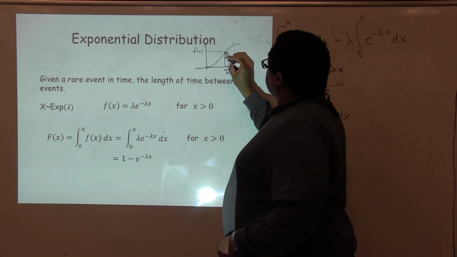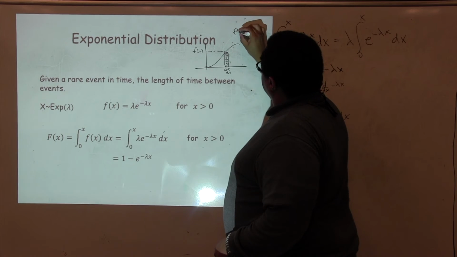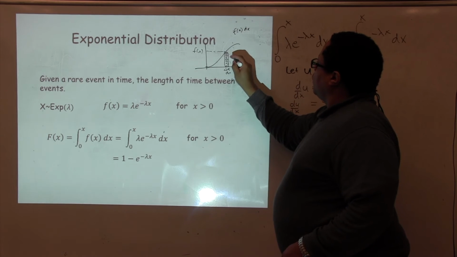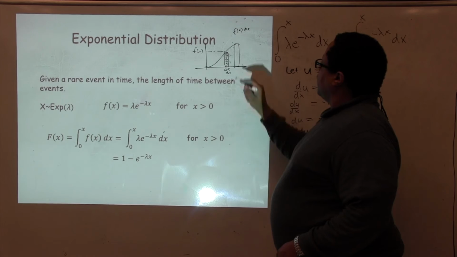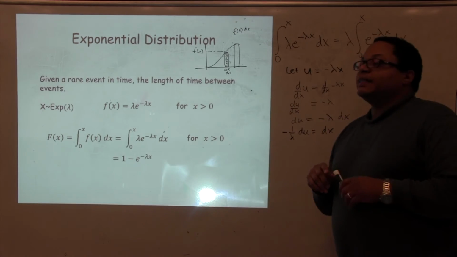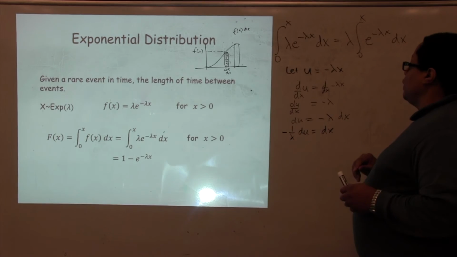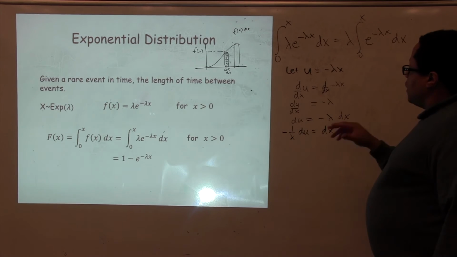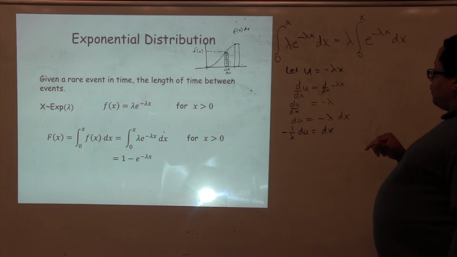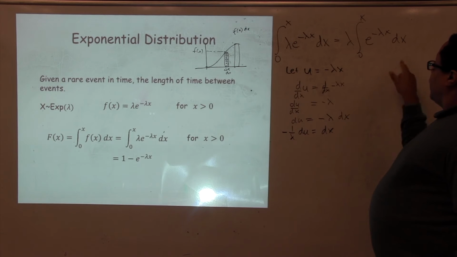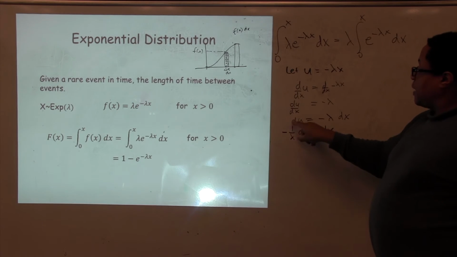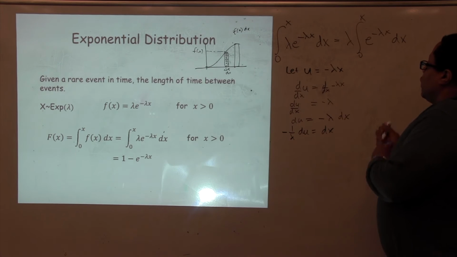So the area of this little rectangle is f of x dx. We add those rectangles up over some interval, and that gives us our area under the curve, the Riemann sum. So what does this mean? Every time I see a dx, that's a change. If I want to substitute with a du, there's a scalar factor that I have to incorporate.